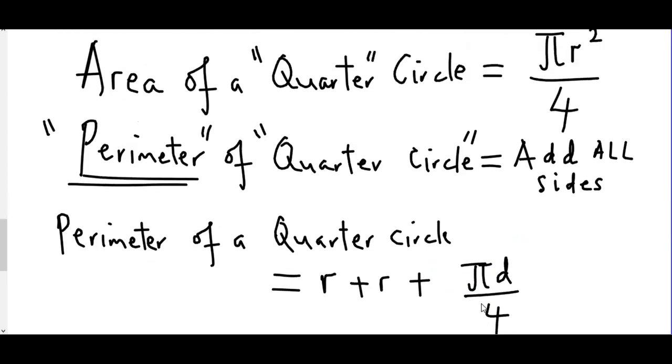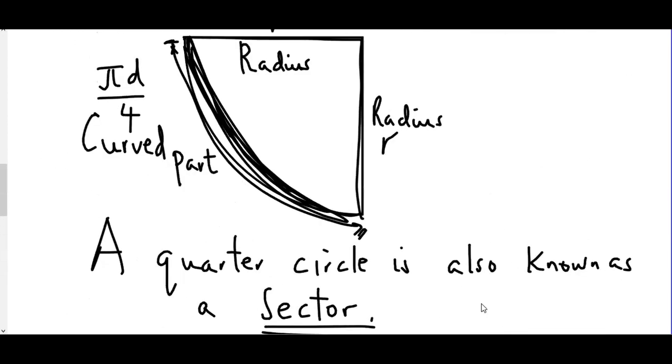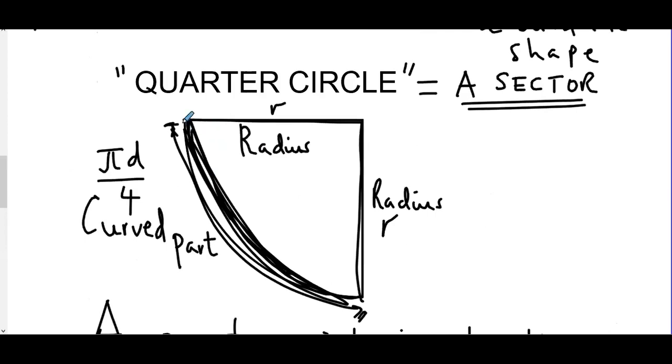Why r plus r? Because perimeter is adding all the sides. So I'm going to take this side plus that side and also this side. Be careful with this side. This side is circular. So how do we find the distance on a circular part? Circumference of the whole circle, which is pi d, then divided by 4 because that is a quarter.